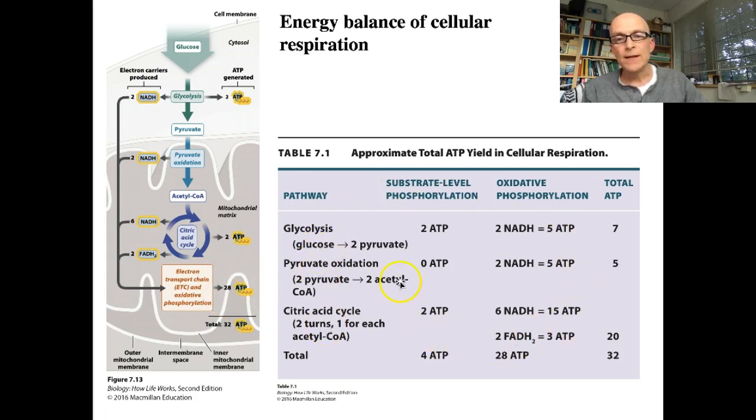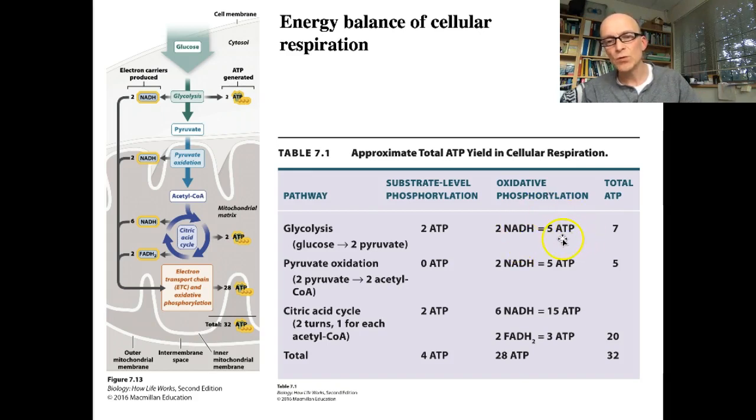So this table here, also from your book, shows you the individual steps, what you get here in terms of NADH equivalents, and 2 NADHs produce more or less 5 ATPs. So that's not quite as easy to see because it depends on how many hydrogens are pumped, and then they have to go through that ATP synthase.